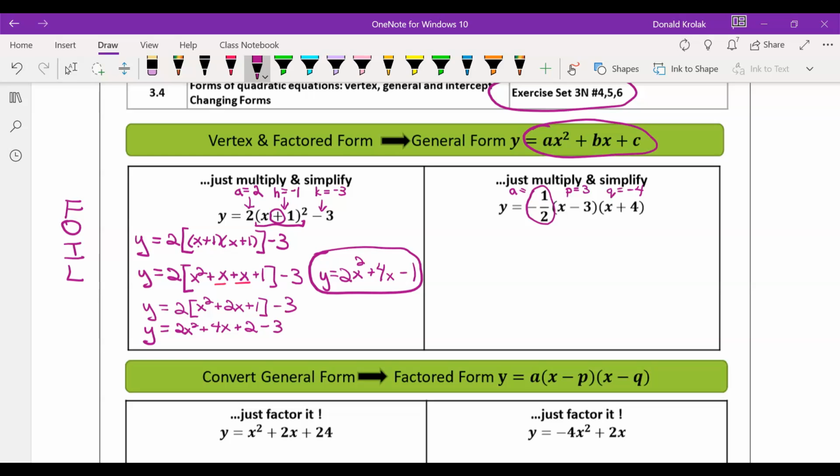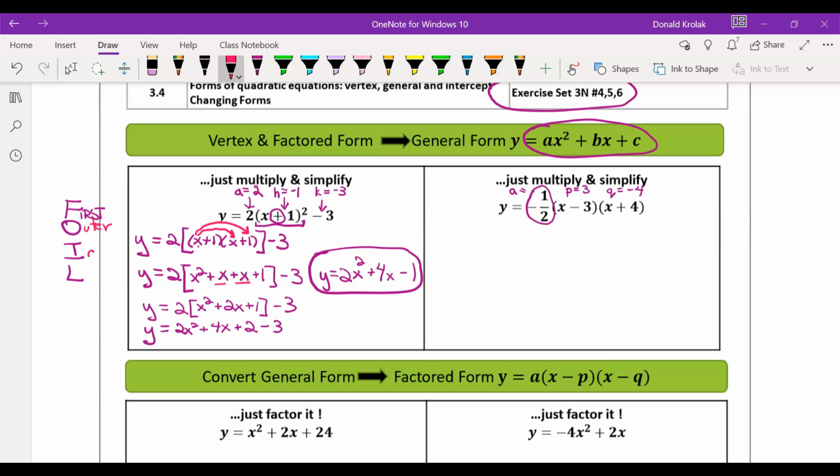Okay, so FOIL stands for first. So you multiply the two first terms, x times x, x squared. Then the O stood for outer. So then you multiply the two outside terms, x times 1, that's x.